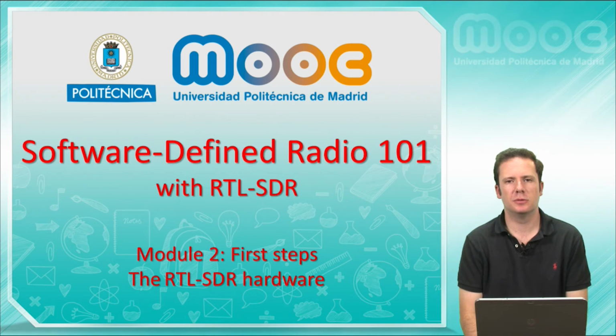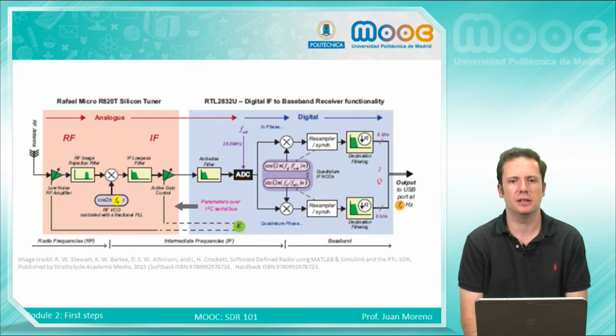In this video, we will learn about some hardware details of the RTL. This is the general architecture of this device. You can see that we have two parts, the analog one on the left and the digital one.